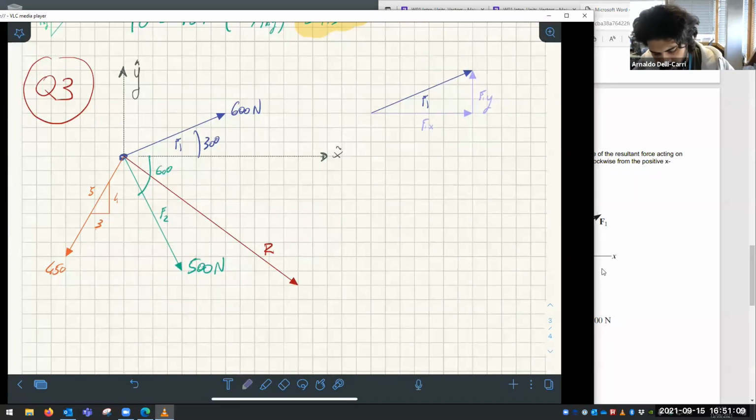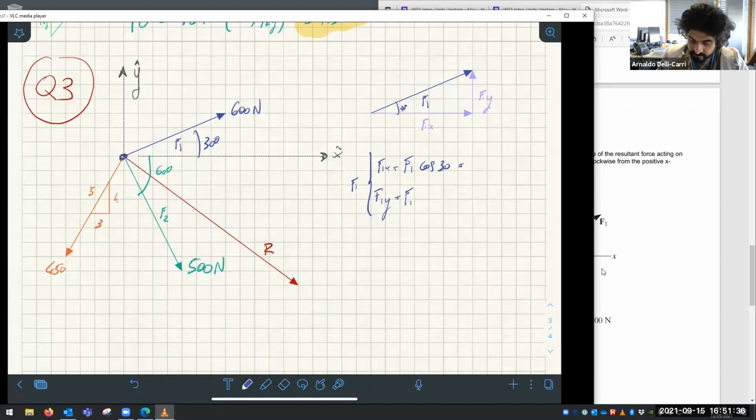This is the angle that we know, 30 degrees. So help me out. F1x is F1 times sine or cosine? F1x, cosine of 30.